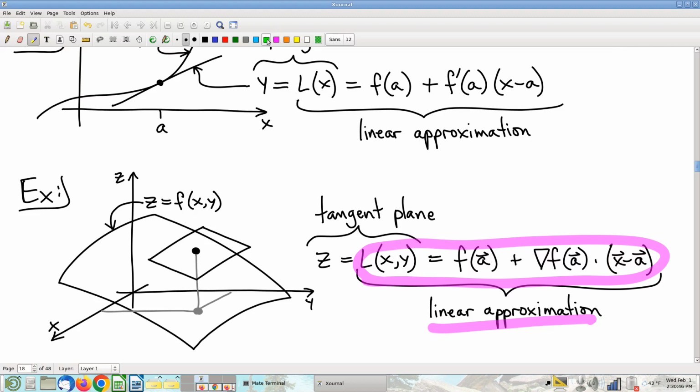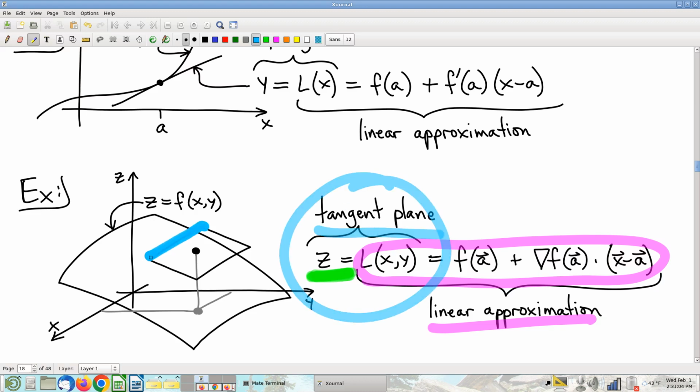And if we take the graph of that linear approximation, that gives us an equation involving 3 different variables, 2 inputs and 1 output, and that equation involving 3 variables gives us the tangent plane to the graph of the original function. Okay. All right. Cool.